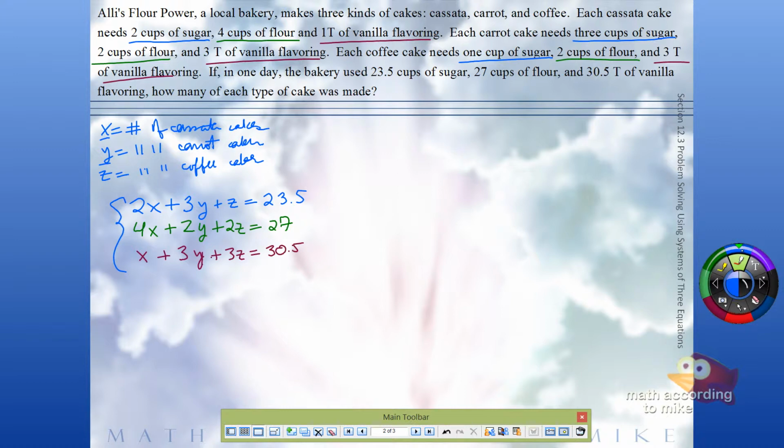Alright. So now we're back in the previous section. We're going to solve for the variable by elimination. I would choose either x or z to eliminate because the coefficients of y are not 1 nor -1. So I'm going to choose x. I'm going to pick the first 2 equations, multiply the first one by -2, and keep the second equation just the same.